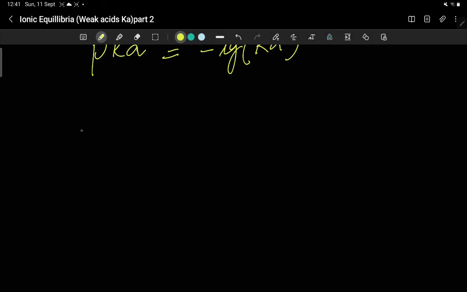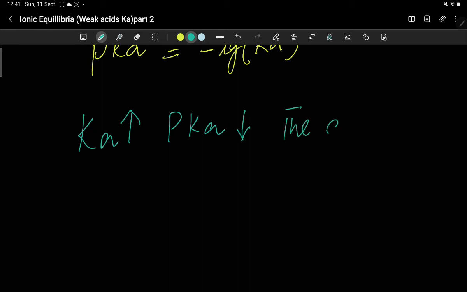So if Ka is higher, pKa will be lower, and the acid is strong.